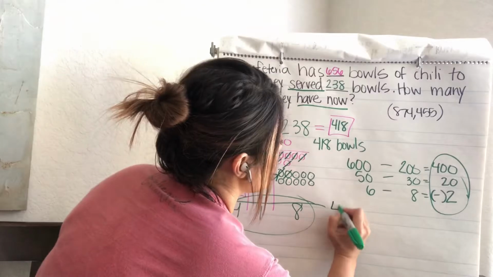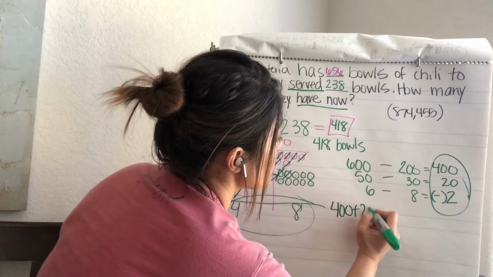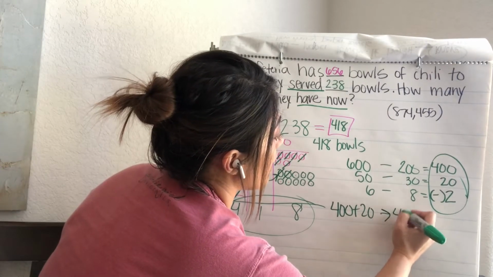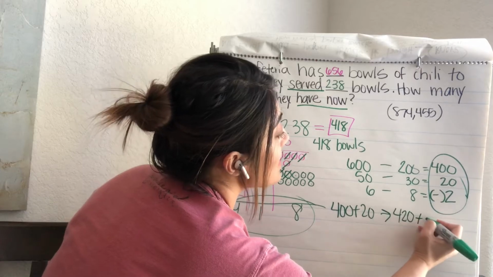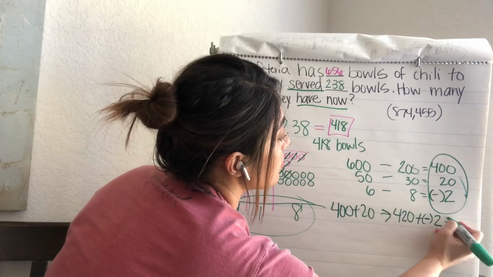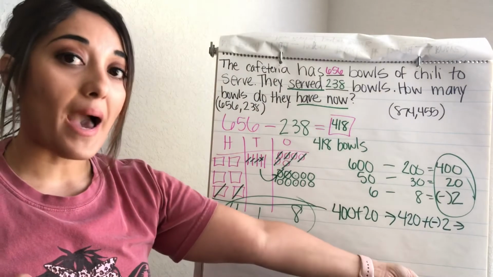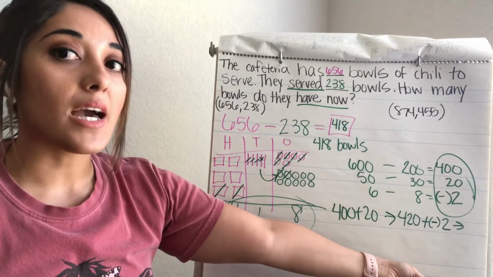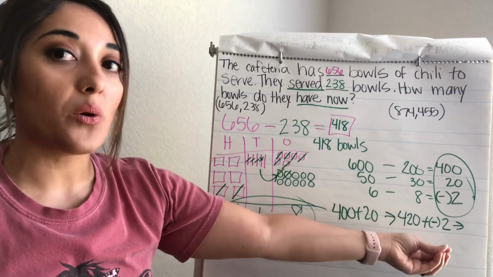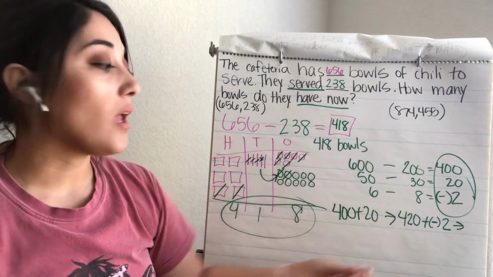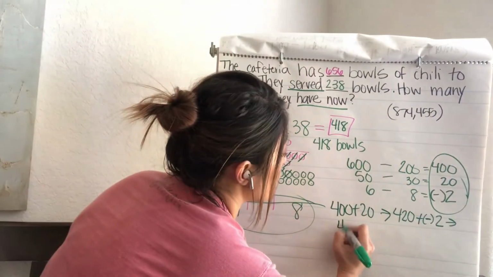All right, so 400 plus 20 gets me to 420, plus negative 2. So remember, I'm adding a negative 2, but that means I take that 2 away. I still have to take it away. So 420 plus negative 2 gets me to 418.